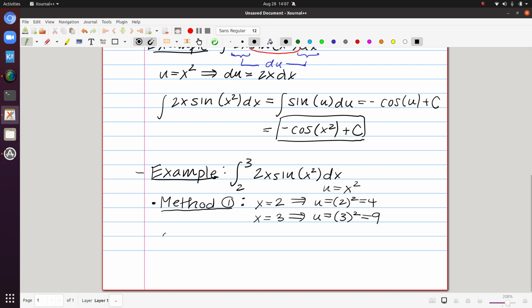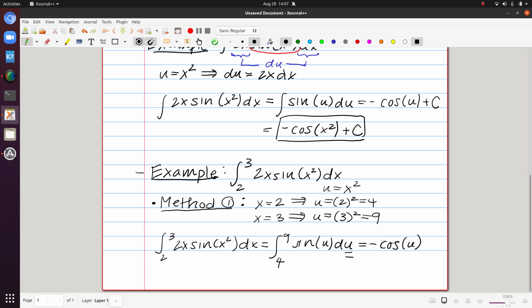So the integral we started with, that from 2 to 3 of 2x sine of x squared, can be written as the integral of sine of u du, like we found above. And here I can write from 4 to 9. So the indication here is that I'm saying that I'm integrating with respect to u, so those numbers now represent bounds on u. I would find the antiderivative like we did above.